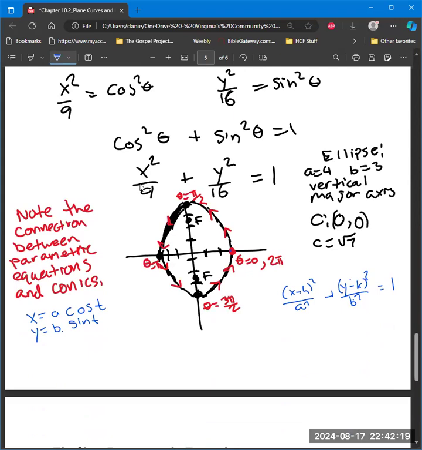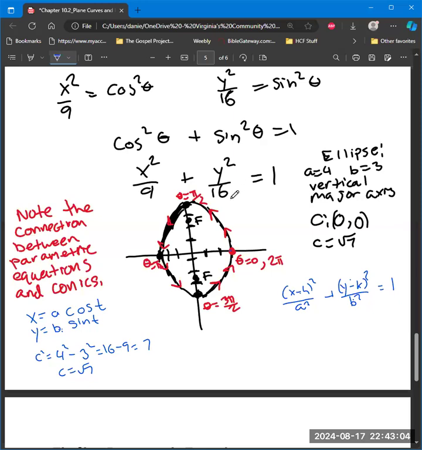And I could find my c by saying I wanted big number squared minus little number squared, 4 squared minus 3 squared is 16 minus 9 is 7, and so c squared is that, so c is root 7. I would know because b was bigger than a here that I'm going to be having a major axis in the y direction. So that's just how it can look parametrically for us.